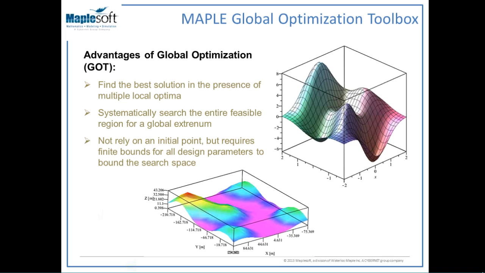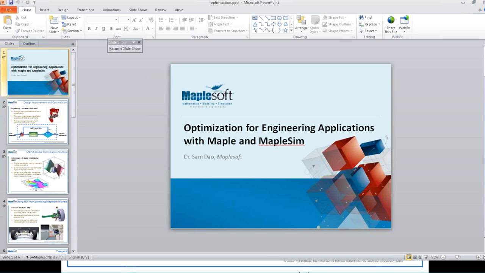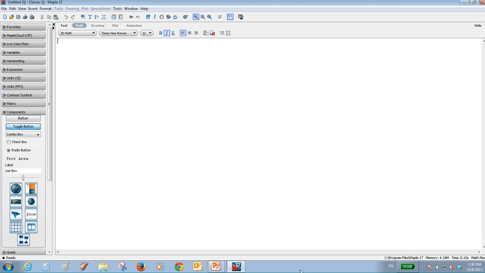Due to the limited time frame of the webinar today, I'm not going to be able to give you the details about the algorithms used in these two optimization toolboxes. But to find the detailed information about the algorithms being used, you can use the Maple help window.